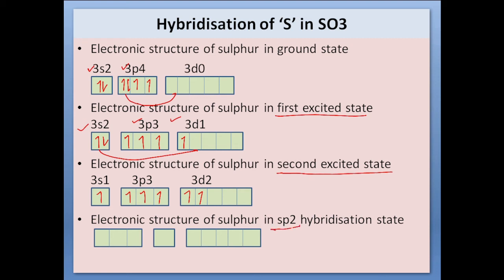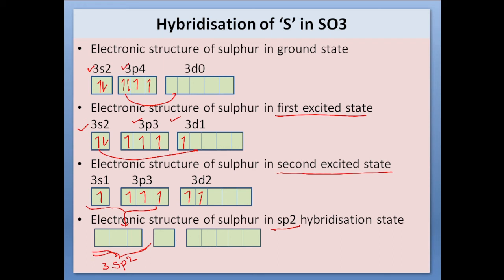During hybridization, one 3s orbital and two 3p orbitals get hybridized, so that there is a formation of 3 sp2 hybrid orbitals.